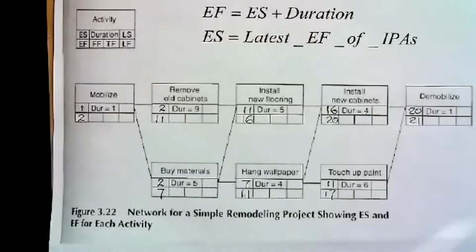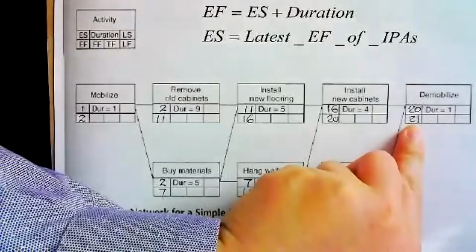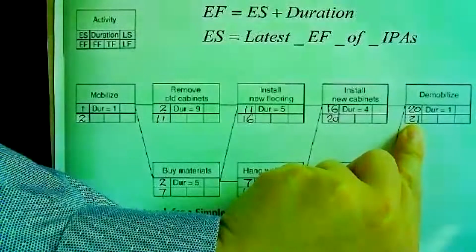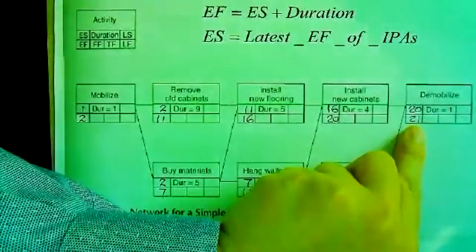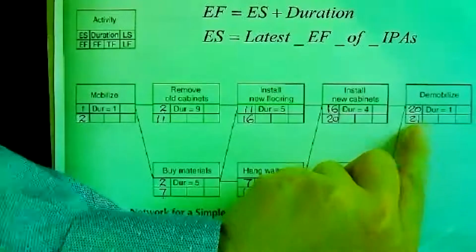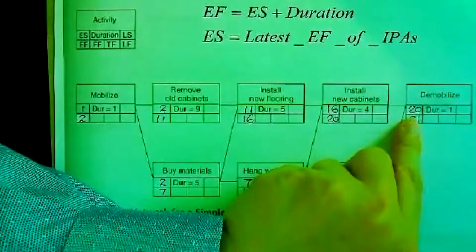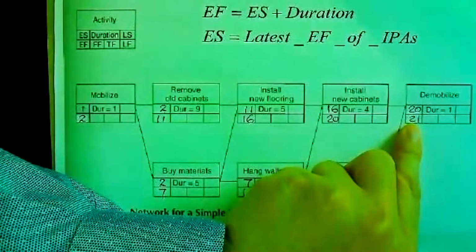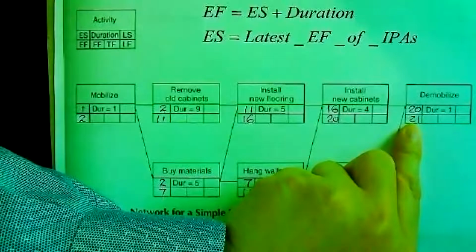Very good. Because as I said, this means early morning of day 21, which is equivalent to the evening of day 20. That means I already finished everything on the evening of day 20. We don't need 21 days. We need only 20 days.